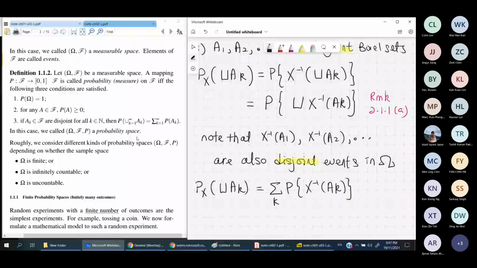Okay, so we make use of this property. And next we use our definition back. So this gets back to summing P of X of AK. Okay, so we can see our PX fulfills this property 3. This is true for all disjoint events AK.